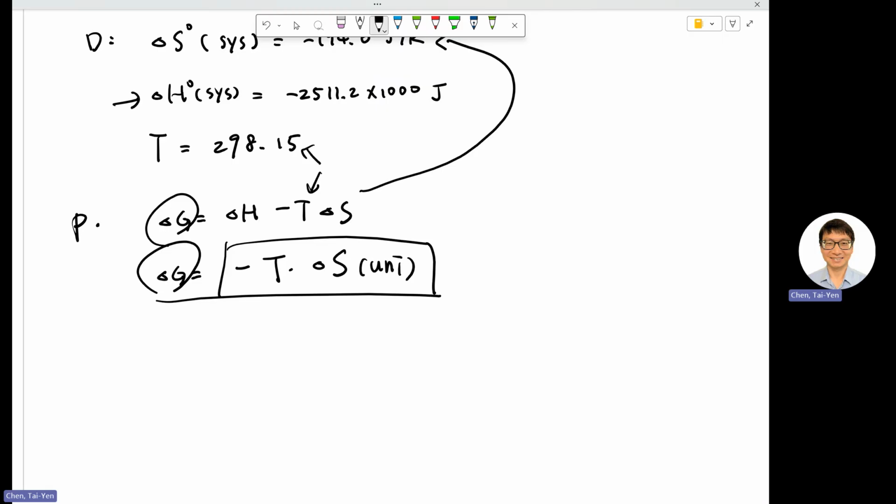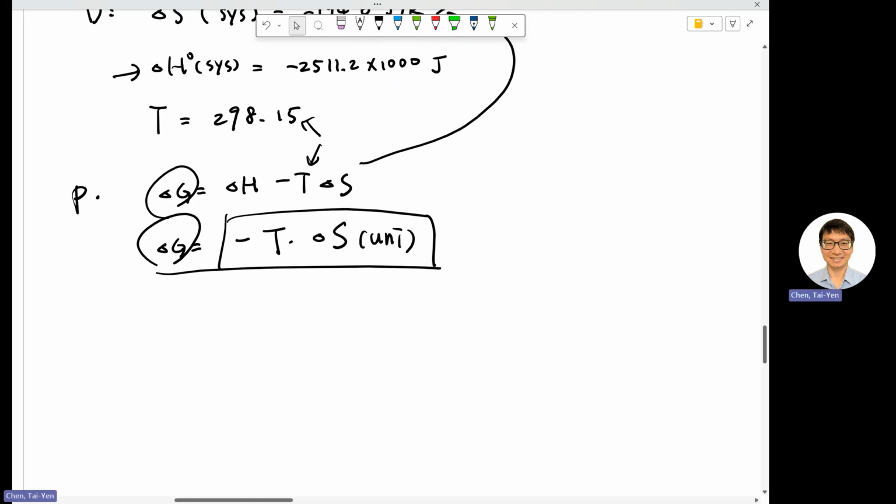Okay, so let's just put the number in. Negative T times delta S universe is going to equal delta H minus T delta S. So I'm going to divide by the temperature first on both sides.